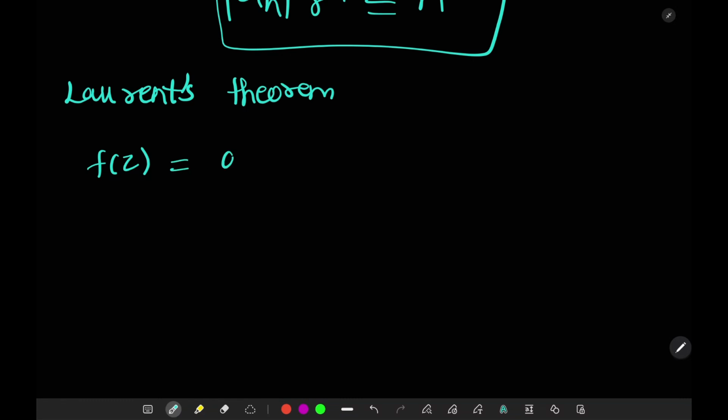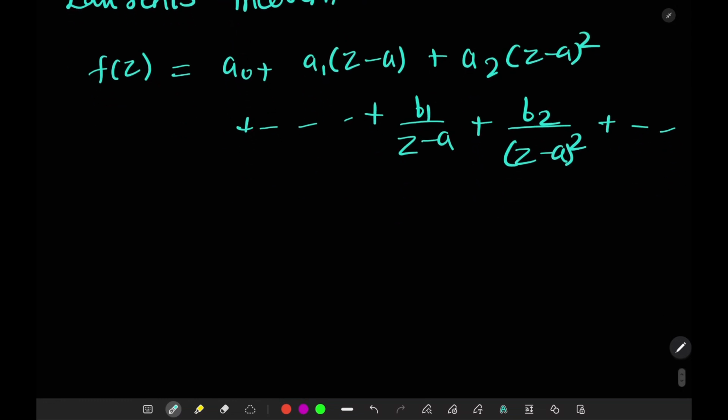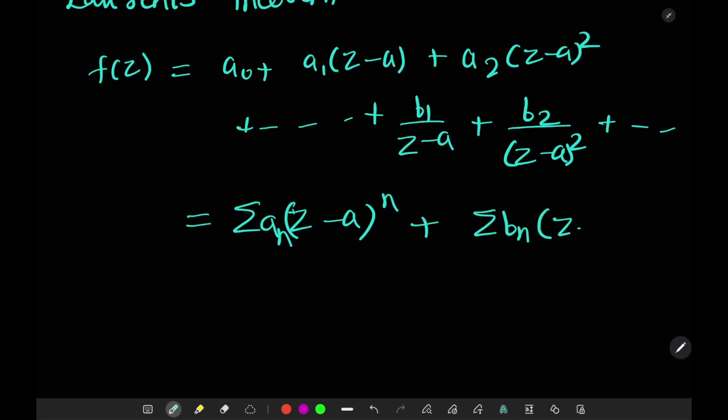Like that, f(z) is equal to a0 plus a1(z minus a) plus a2(z minus a) whole square up to, plus b1 divided by (z minus a) plus b2 divided by (z minus a) whole square, and so on. Here we can write this in expansion form: summation b_n (z minus a) power minus n.